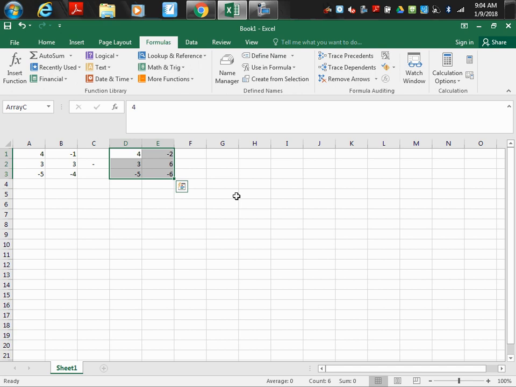All right, so I need an answer. So I know that my answer is going to be 3 rows and 2 columns. So I have to highlight an area, that space. 3 rows, 2 columns.